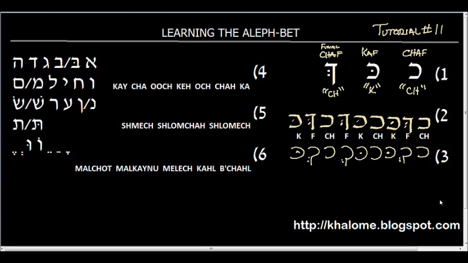If we jump over and practice this with our vowel marks, we get for the ka, hard K, dagesh, patah down below. Cha would be no dagesh, kamatz. Uch would be, and then we use the final chaf.